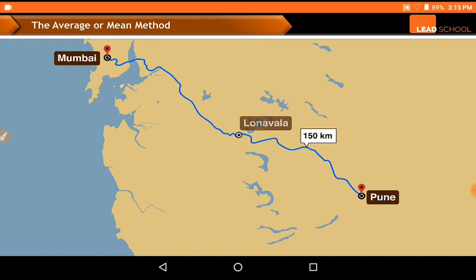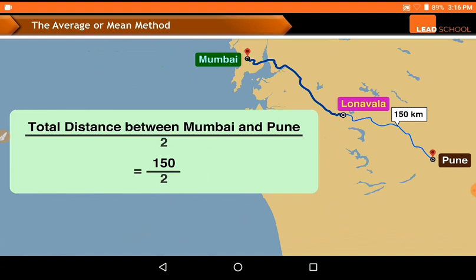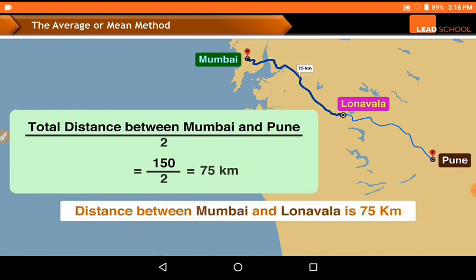A hill station called Lonavala is located midway on the road going from Mumbai to Pune. So, the distance between Mumbai and Lonavala will be half of 150, as it lies midway along a distance of 150 kilometers. One half of 150 equals 75 kilometers.